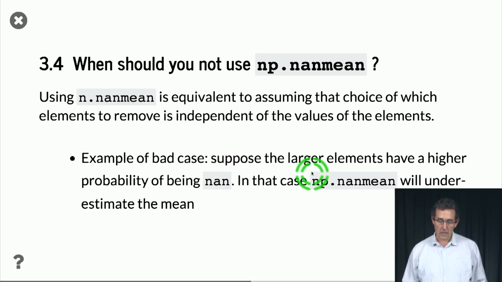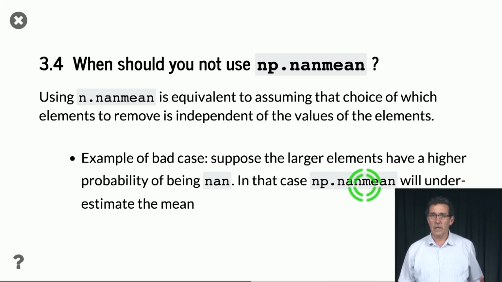In that case, the nan-mean will underestimate the mean, right? Because those elements would actually move the mean a lot. So it might be, for instance, that there is some kind of clipped maximum value that this sensor is allowed, and if it passes the value, then you get undefined. And what would be better is to just have the clipped value.